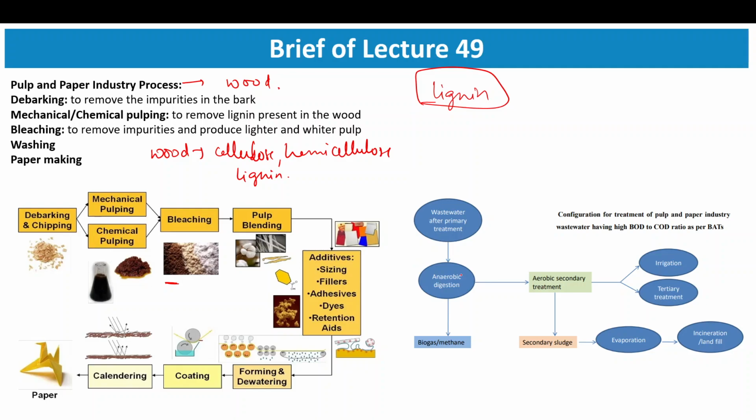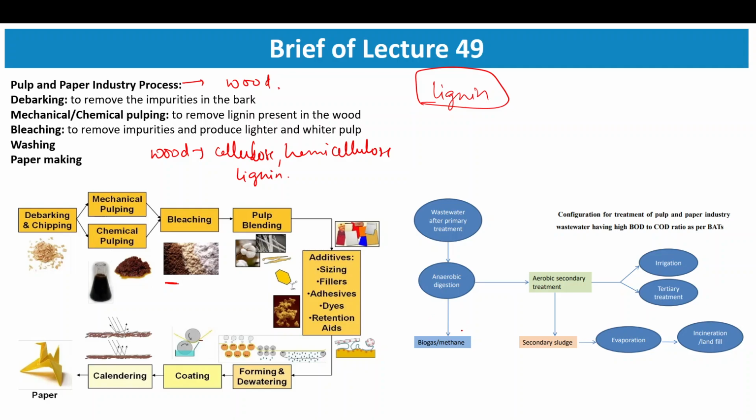Multiple stages of digestion are required here because the lignin content and the BOD and COD content are very high. So to enhance the efficiency of organic removal, we have multiple stages of digestion. Firstly anaerobic and later an aerobic treatment is provided.